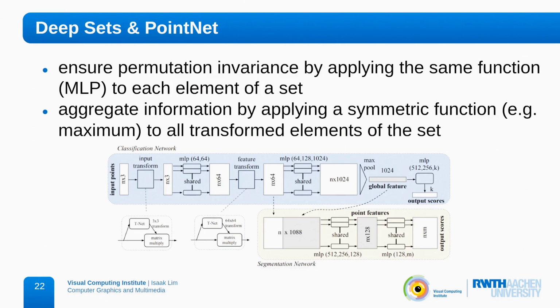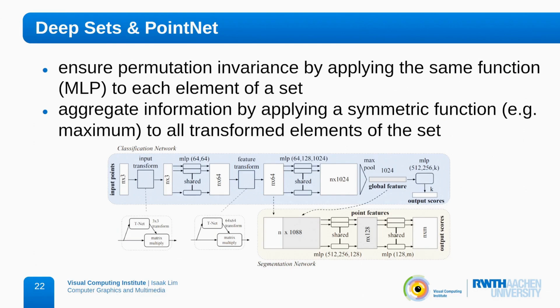Namely, they apply the same function, in this case a multi-layer perceptron, to each point in the point cloud set. And in order to aggregate the information globally, they apply a symmetric function, for example a maximum or mean function, to all of the point encodings that have been computed before. And once they have this global aggregation, this can be used as an encoding for certain other tasks.